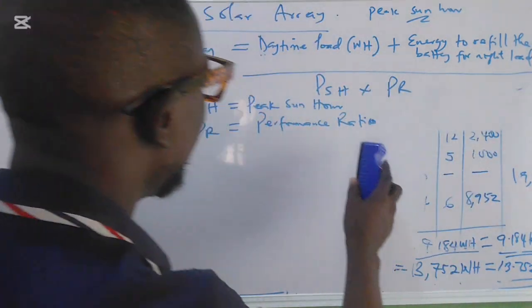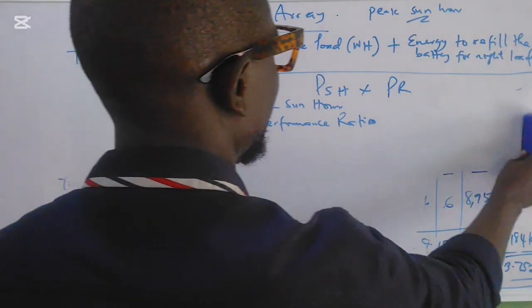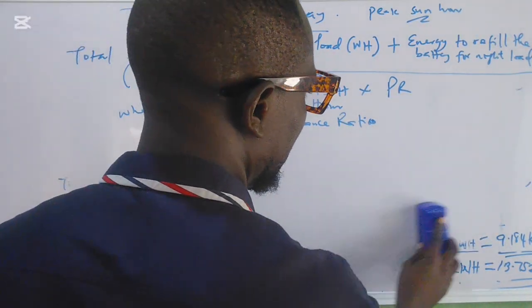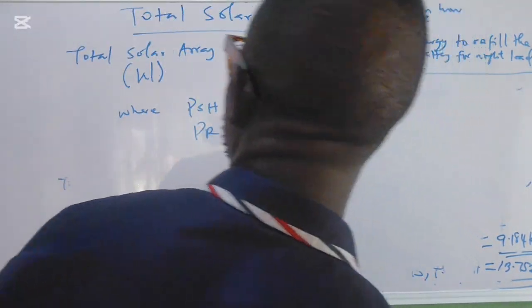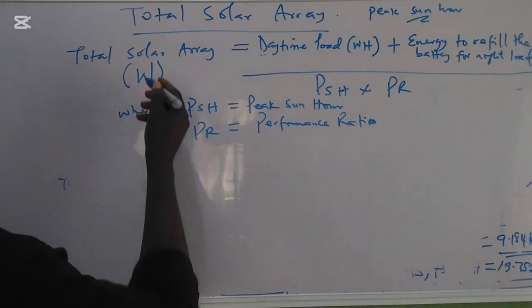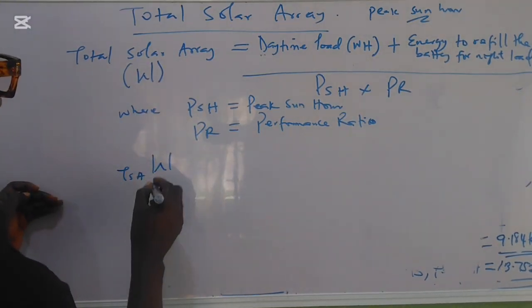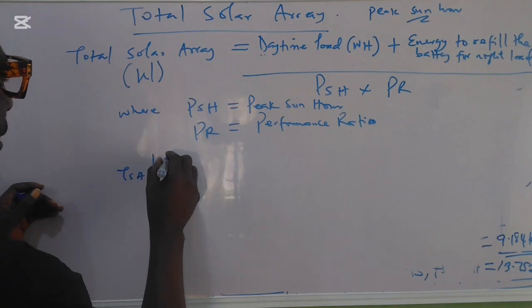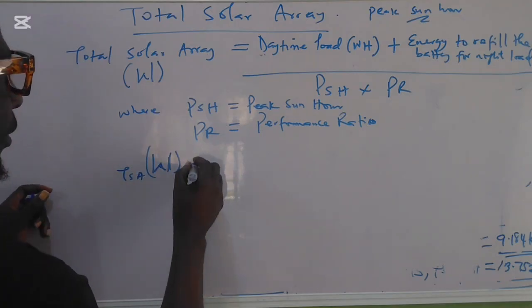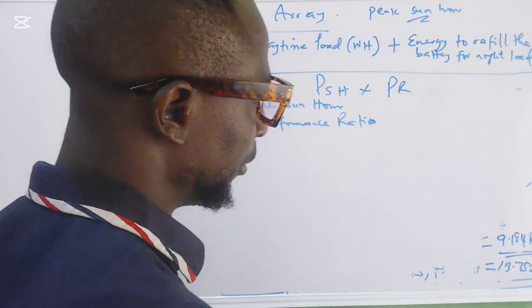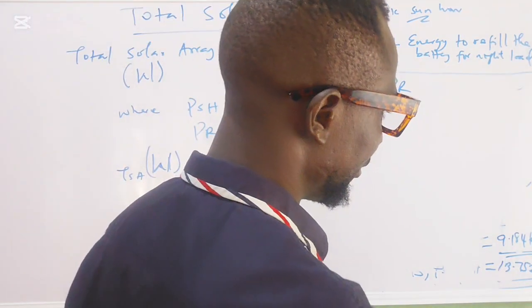Now we have our total solar array in watt. Total solar array in watt is equal to the daytime load. What is our daytime load?